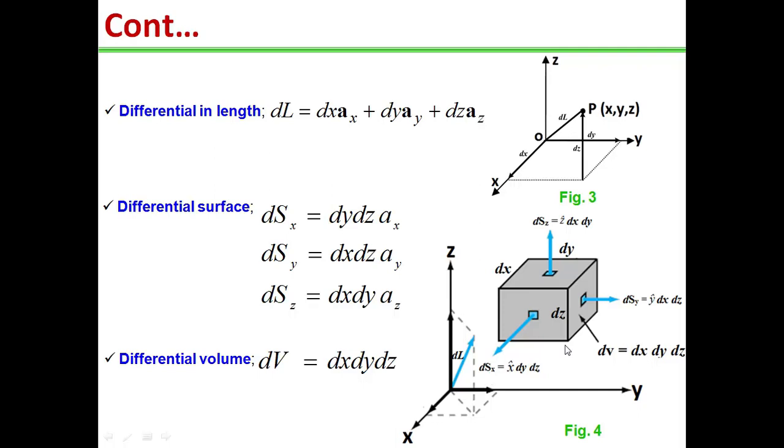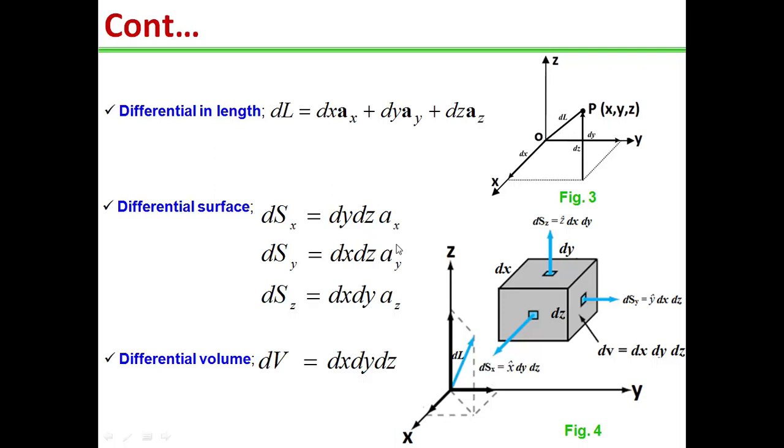So what will be the area along the x direction? That is basically the length of z and the length of y. So we can calculate dSx as dy multiplied by dz, that means the differential length along the y-axis and the differential length along the z-axis.